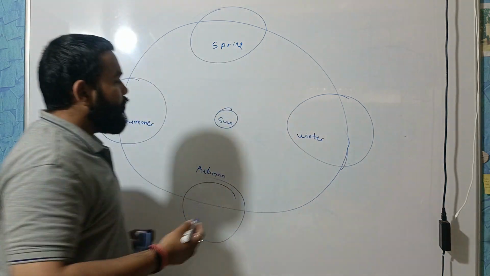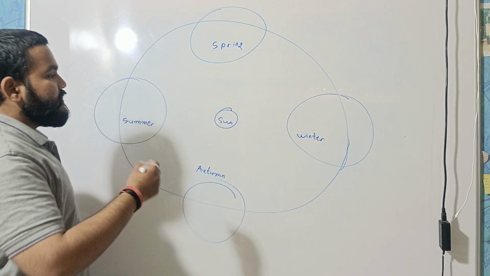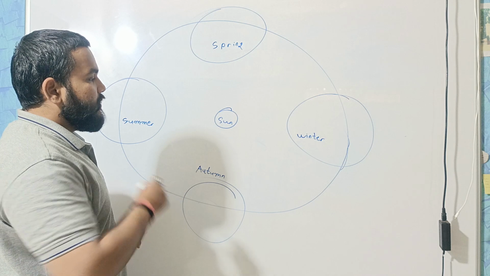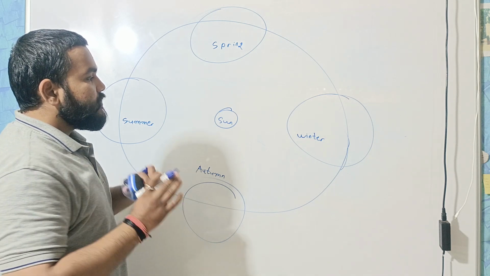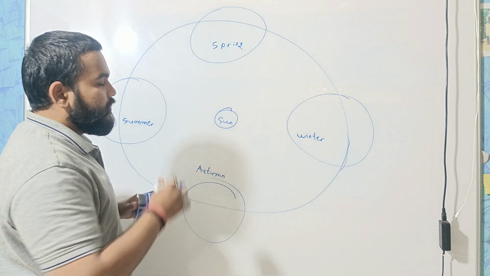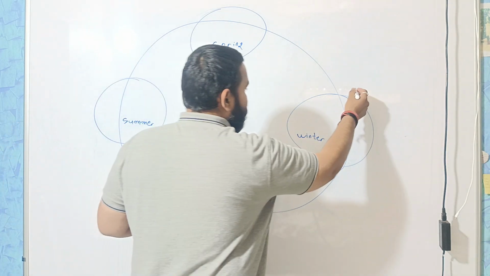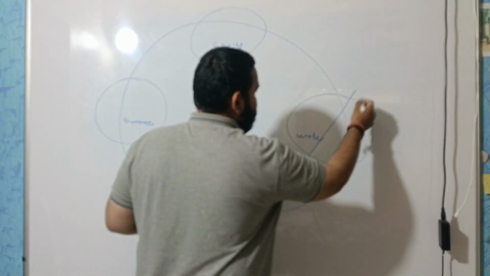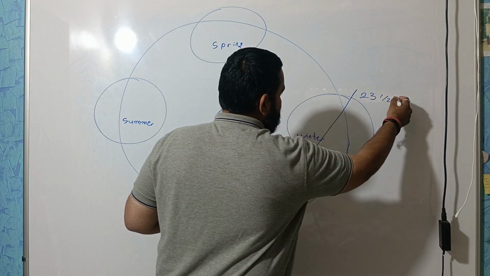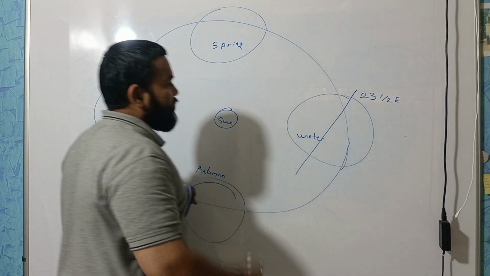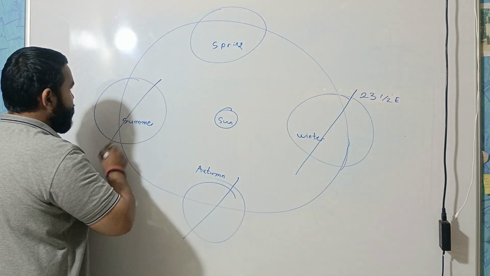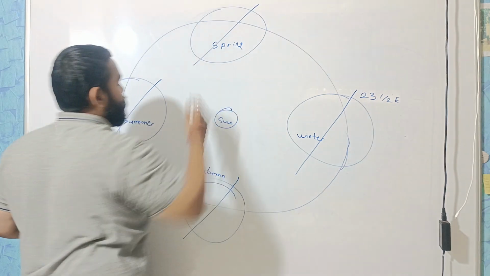Before going into how these seasons occur and why this happens, we first have to show a little bit of information on the Earth, because Earth is tilted around 23 and a half degrees east. So that's how we have to draw these lines, 23 and a half, 23 and a half, 23 and a half.